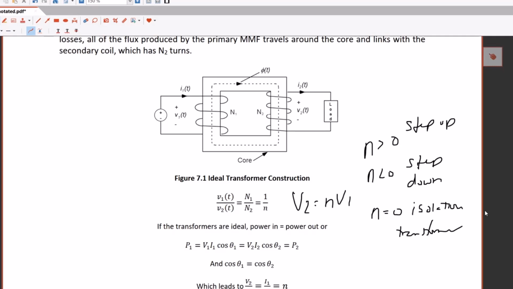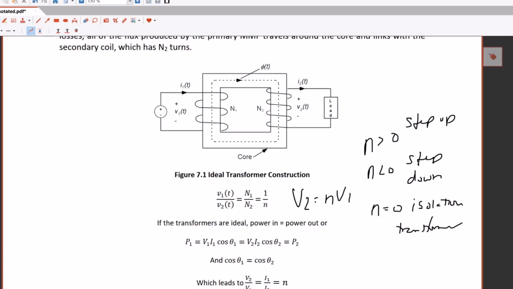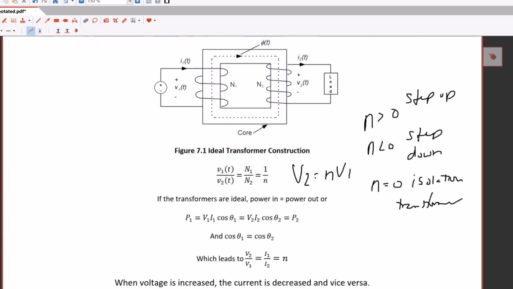So now the new information is about the power. The power, V1 I1 cosine of theta 1, has to equal V2 I2 cosine theta 2, because it has to obey the law of conservation of energy. So power delivered and power absorbed have to be equal.